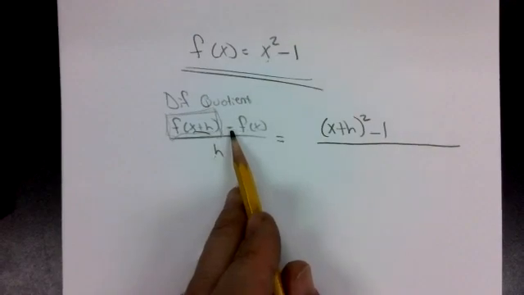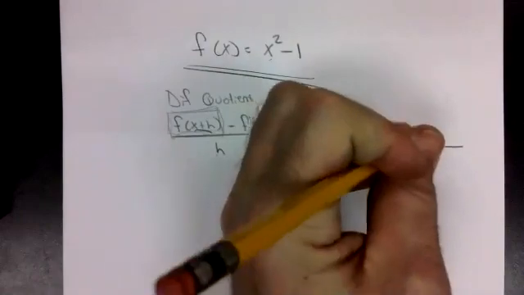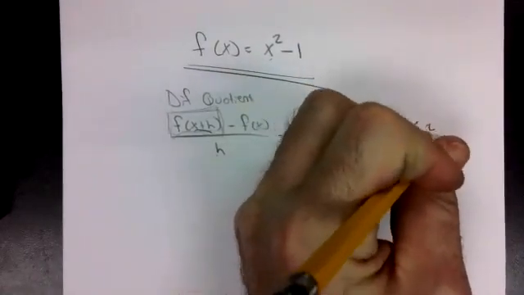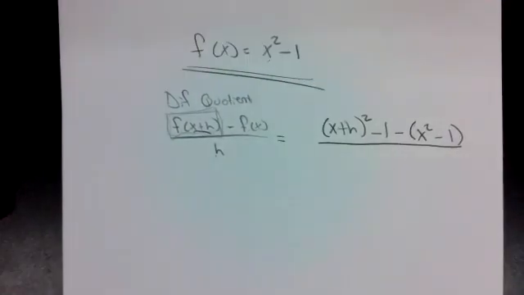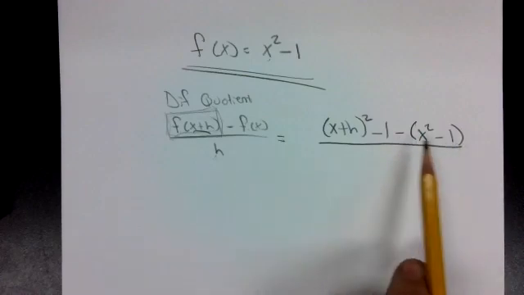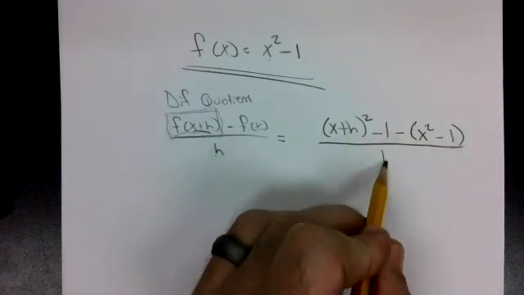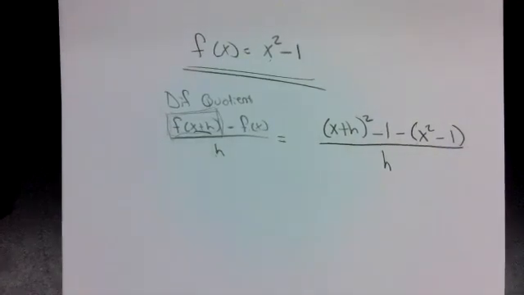Then we're going to subtract f of x. I always put that in parentheses because when you're subtracting a quantity, we need to make sure we're subtracting both of those values. And that's all going to be over h.